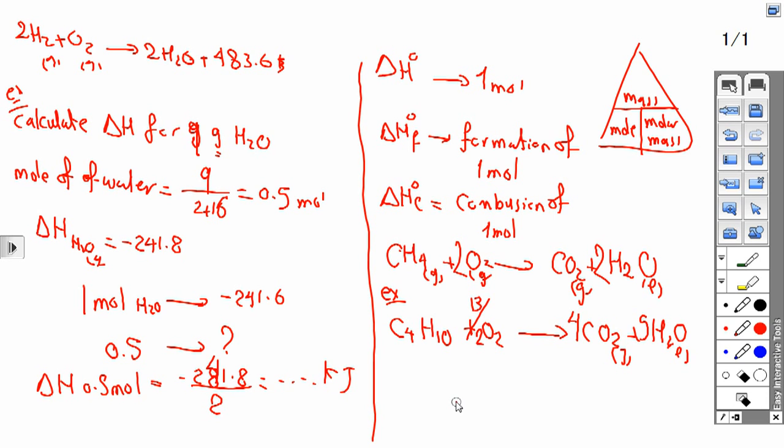Again, if delta H for the formation of a certain substance is X, calculate the enthalpy of combustion of this substance if delta H of its product is Y. How do we calculate the delta H of combustion?